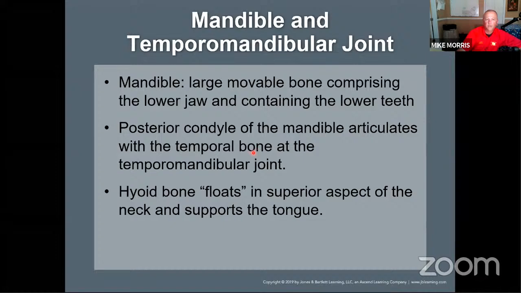You ever heard of a TMJ? Some people have problems with their jaw. They feel like it gets really sore in the joint of their jaw. They can't chew. Sometimes because of inflammation.